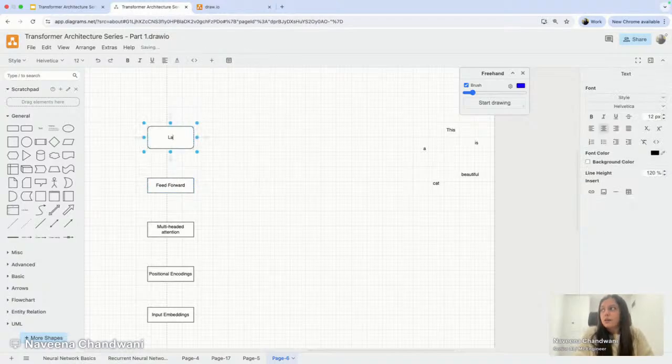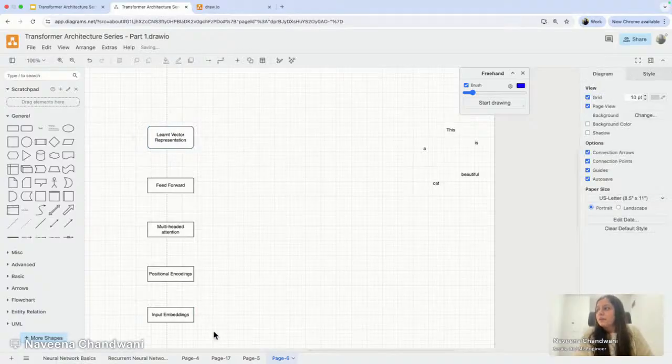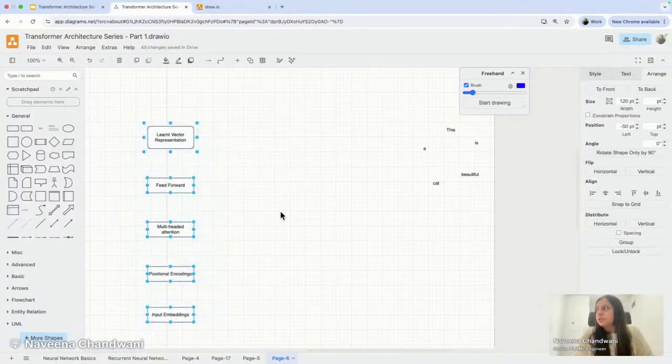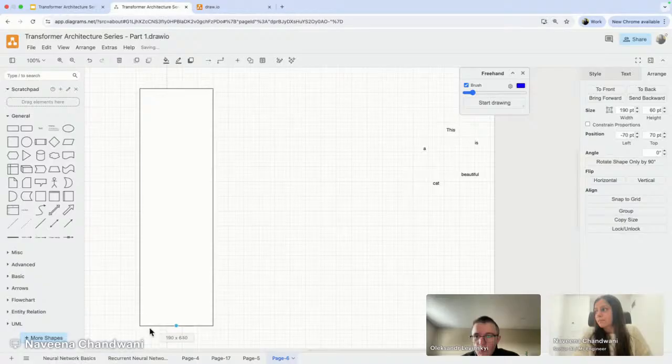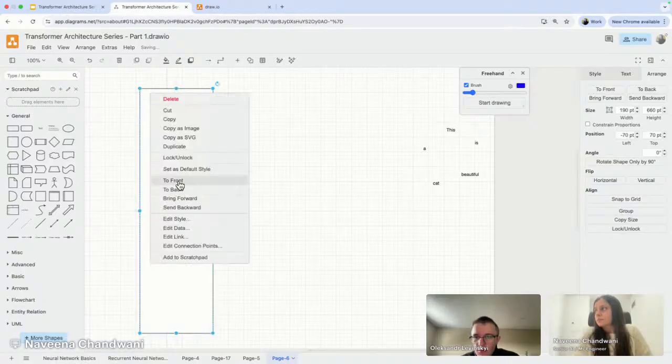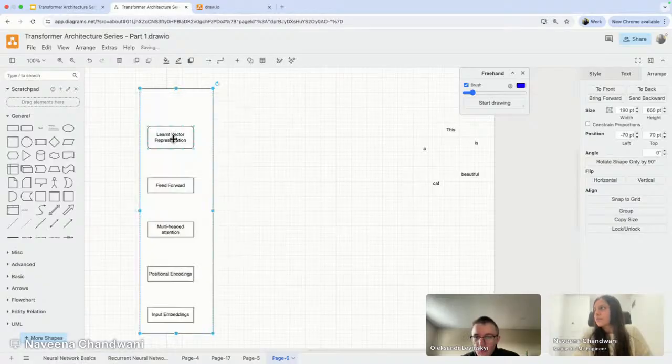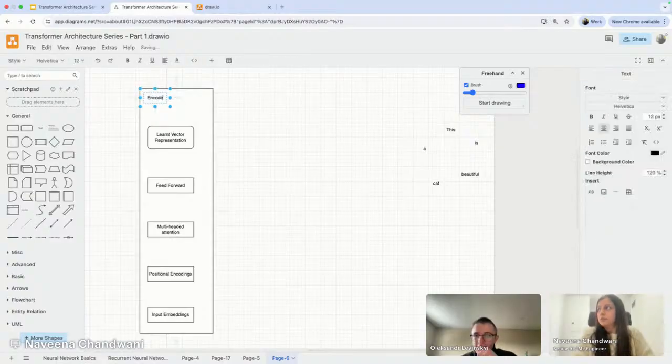And with this you have your learned vector representation. And so this whole thing together is your encoder module. Okay, and so let's call this encoder.